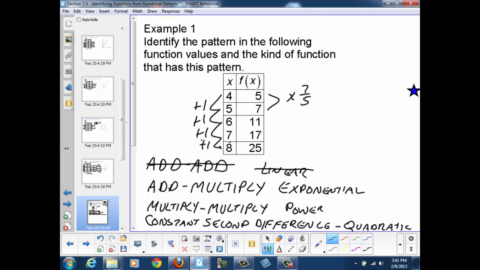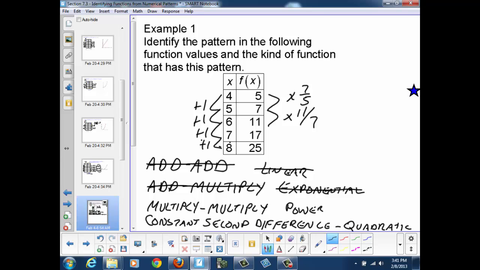To get from 7 to 11, I would have to multiply by 11 over 7. We can see right there that there is no consistent pattern of multiplication to get from one y value to the next if we're looking at an addition pattern for my x values. So that eliminates the add, multiply, or exponential opportunity.